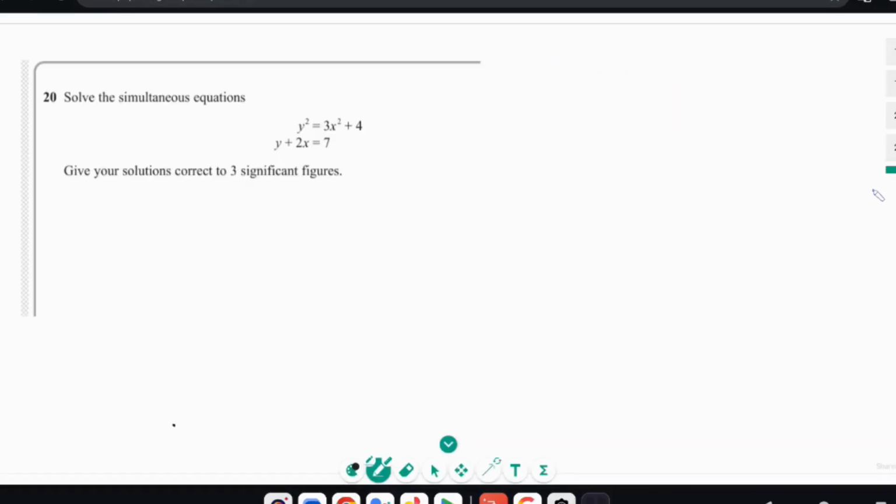Solve the simultaneous equations. I'm going to make y the subject here, and then I can substitute it straight into the top equation. So let's take 2x off both sides. Now sub in here.